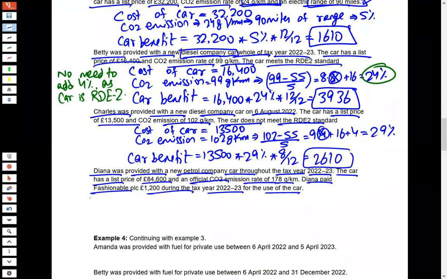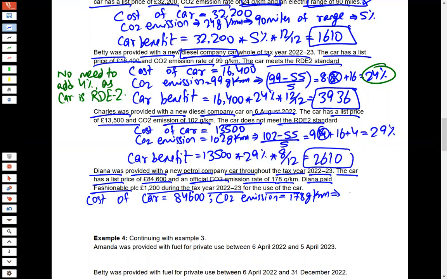So the cost of car is 84,600. CO2 emission is 178 grams per kilometer.